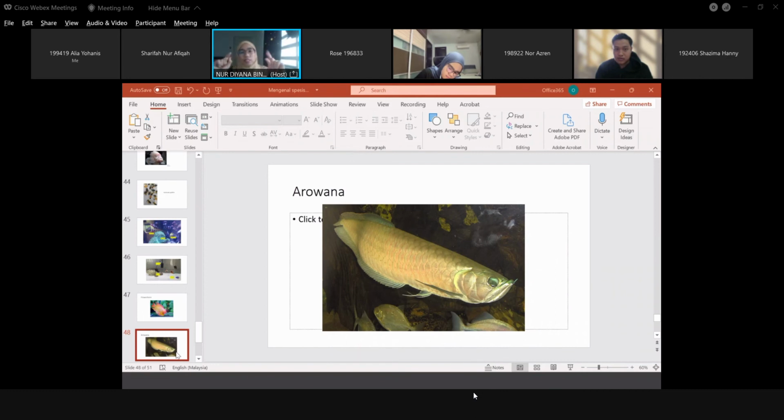But this feed needs to be kept by you first so that they're not exposed to toxins or chemicals before you feed your fish. Otherwise, your fish will have some diseases that you don't want, right? Arowana. Nice to see the fish, but I wouldn't want to take care of it. It seems complicated to me. Okay.